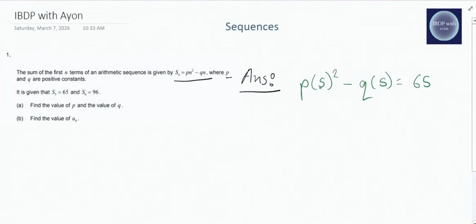Here it is mentioned that S5 is 65, so the expression with 5q equals 65. If we divide everything by 5, it will be 5p minus q equals 13. This can be written as our equation 1.